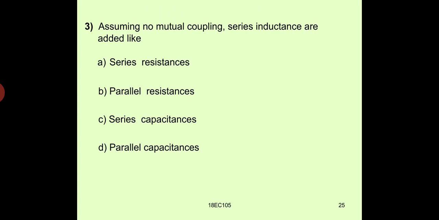How do they add up, like resistors or like capacitors? When they are in series without any mutual coupling, they simply add up like series resistances. The right answer is choice A.